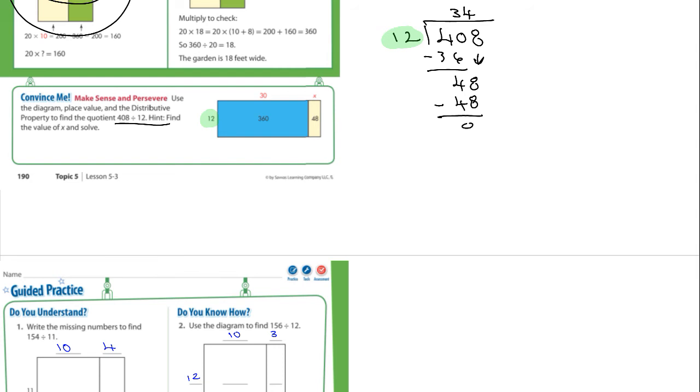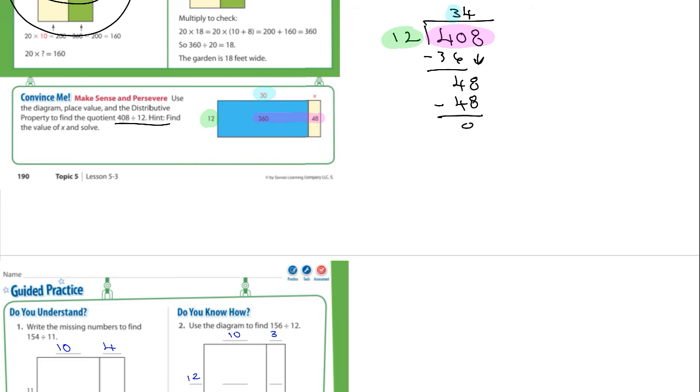And the 408 is these two added up. And then I have a 30, which is this right here.